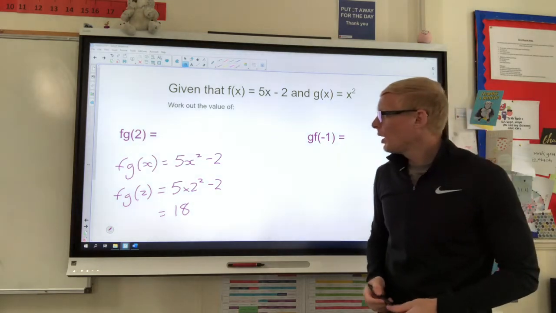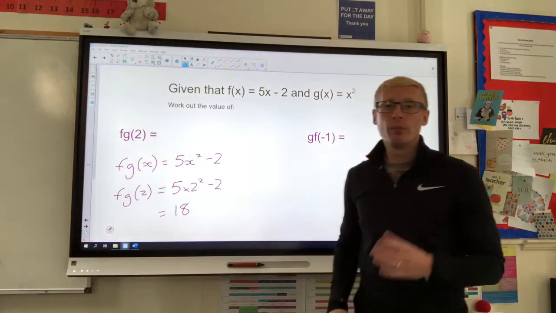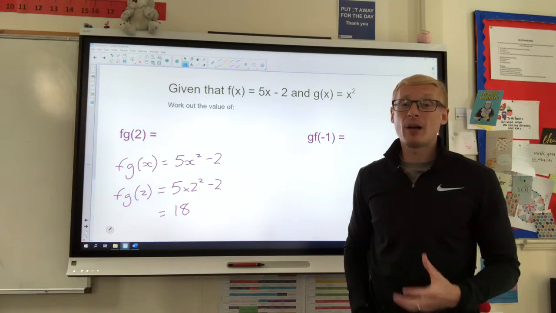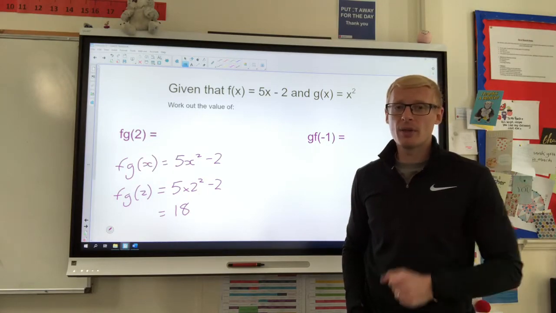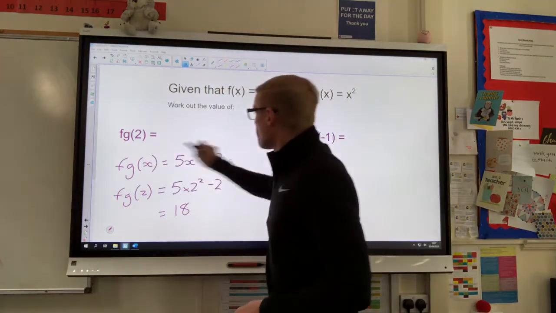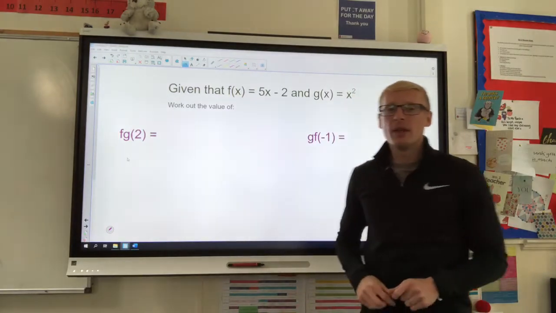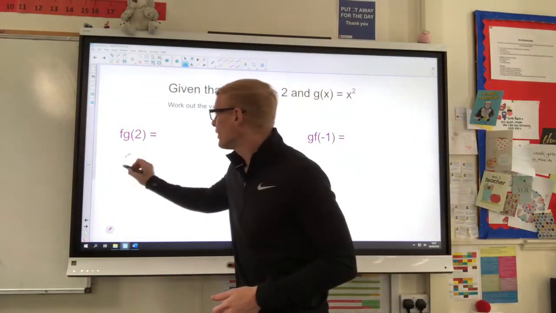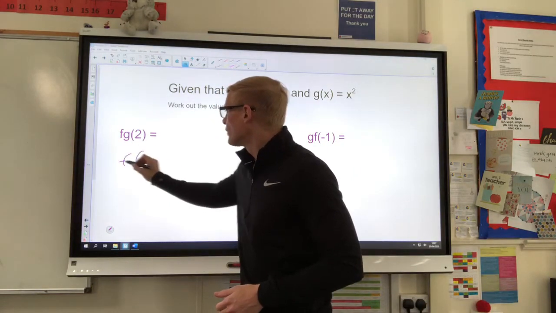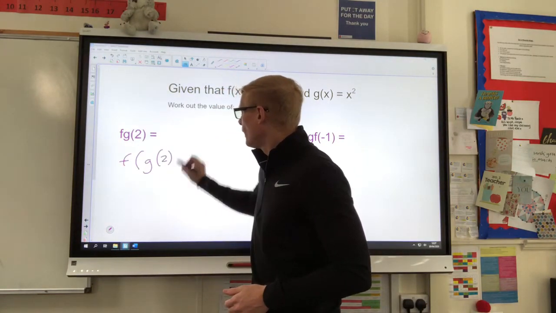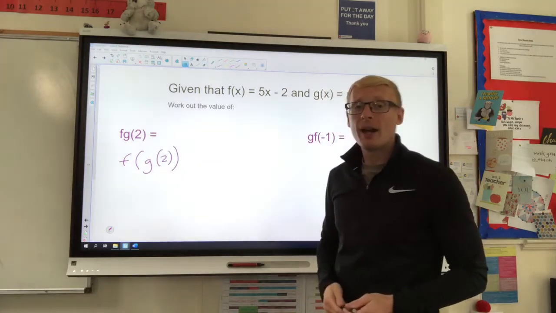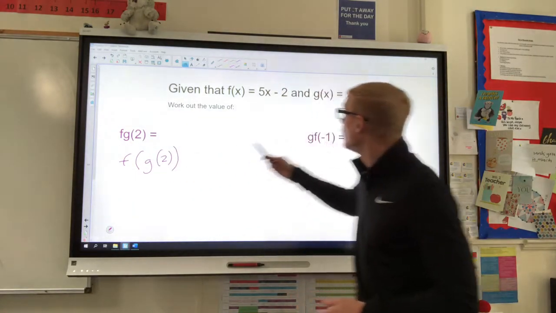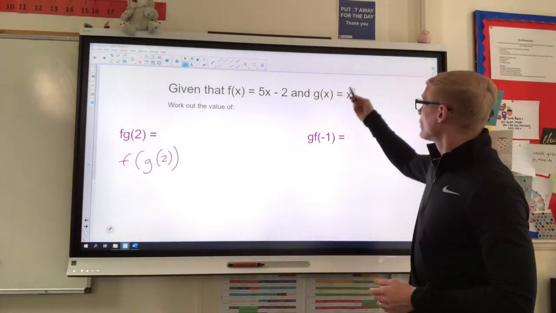Okay? Now I'm just going to get rid of this, so just make sure you pause the video and you've copied that down if you would like to. That's the first method. Now the second method is to do it bit by bit, because actually what we've got here is we can separate this into f of g of 2. Now g of 2 is something we can work out just by substituting 2 into g. So 2 into here gives me 4.